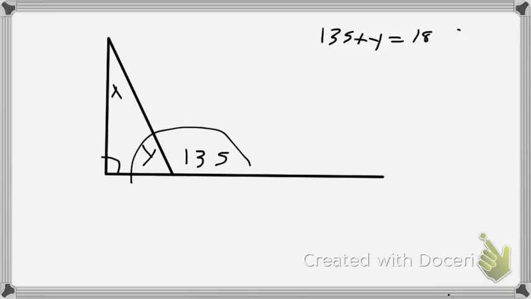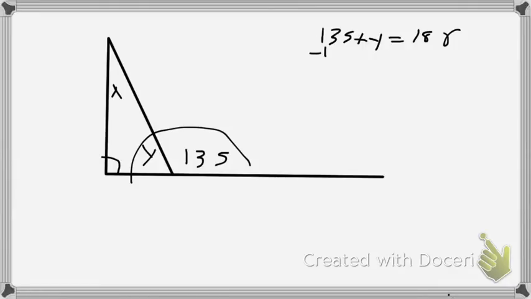Because an exterior angle, by its definition, is an angle formed by the side of the triangle and the extension of an adjacent side. So that's a straight line. So it's a linear pair. An exterior angle is always going to form a linear pair with that interior angle right next to it.